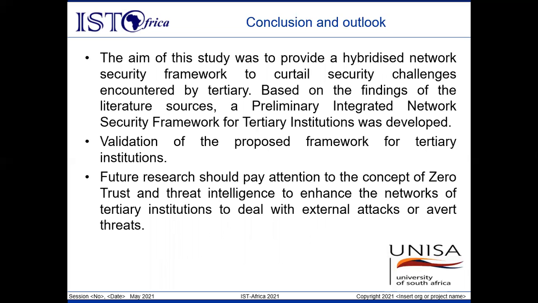A literature review was conducted so that we can identify the gap which needed to be resolved, but take into account that this framework still needs to be validated by tertiary institutions. Future researchers should pay attention to the concept of zero trust and threat intelligence to ensure that tertiary institutions have a secure network.